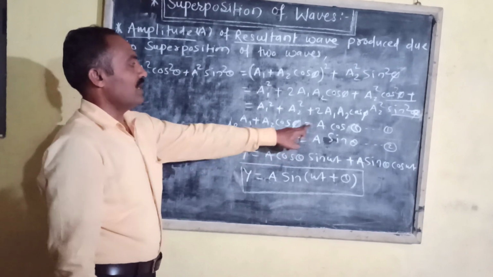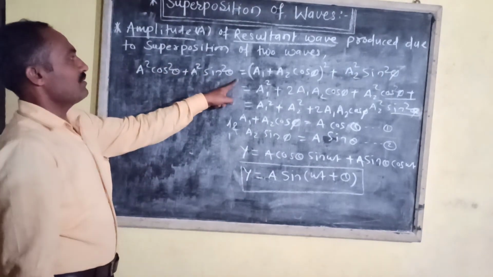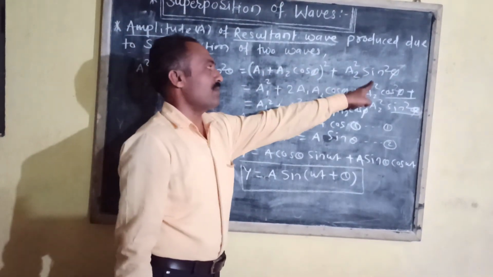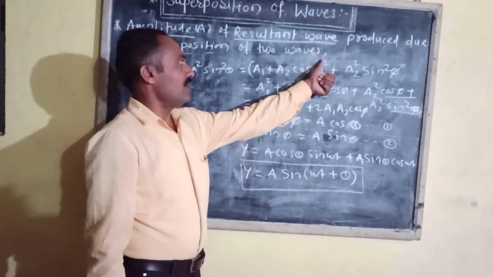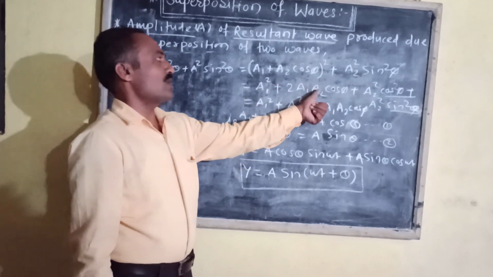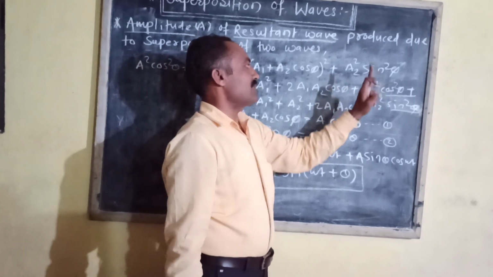From this we get A square cos square theta plus A square sin square theta is equal to (a1 plus a2 cos phi) square plus a2 square sin square phi. The formula for the square of (a plus b) has been used here: a1 square plus twice a1 a2 cos phi plus a2 square cos square phi, and this term a2 square sin square phi.